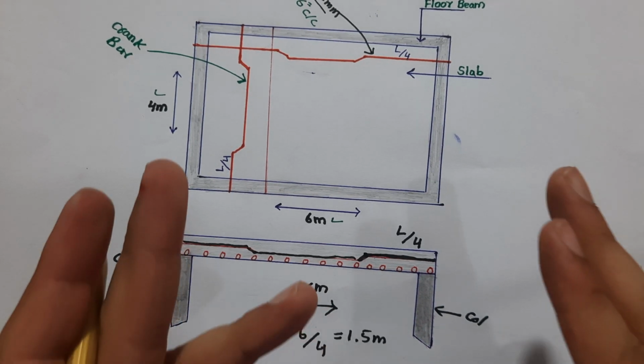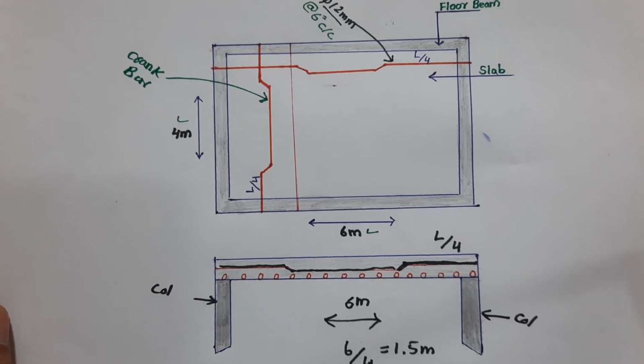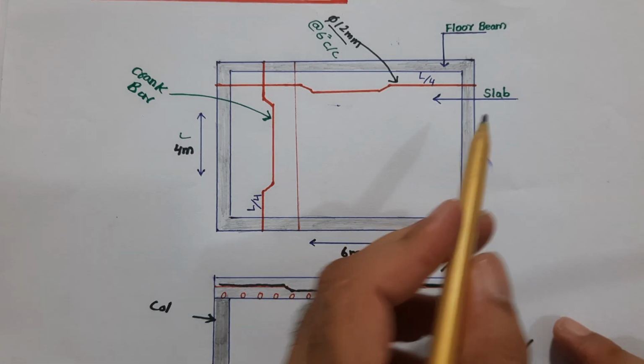This crank bar resists negative bending moment, and the crank bar or bent up bar is economical. If you provide extra steel rod, that is better, but that is an expensive method, which is called extra steel rod. In that case we don't provide crank bar.